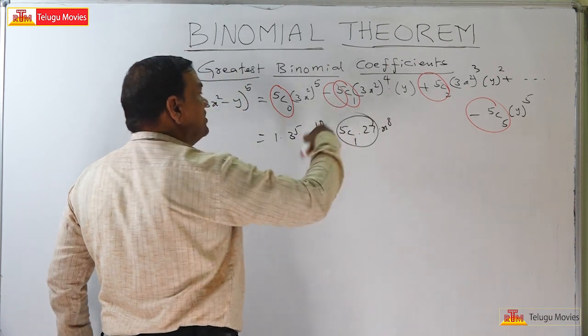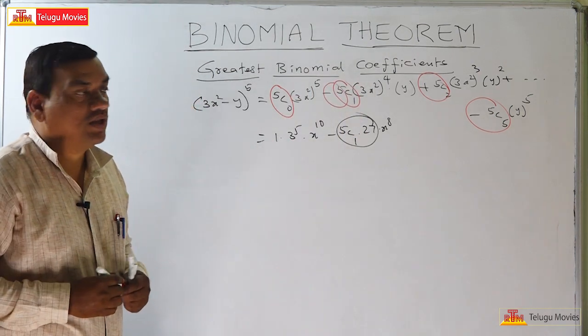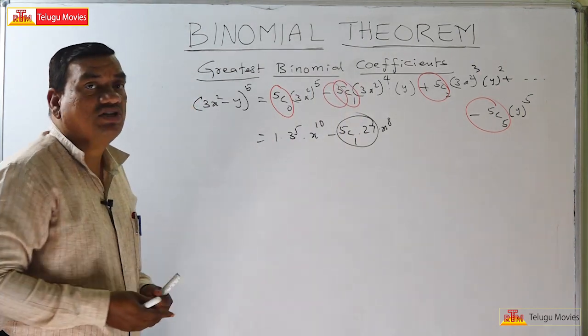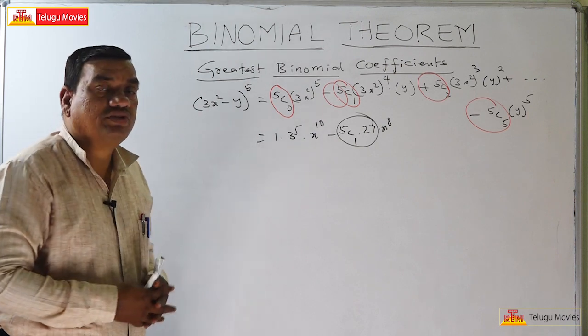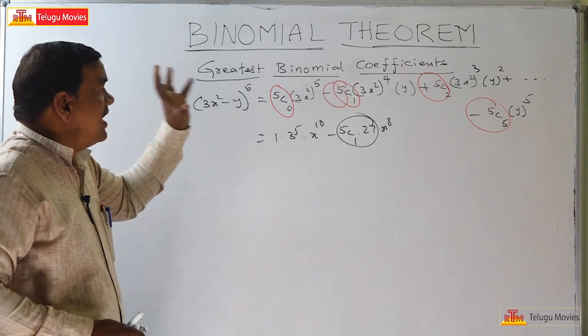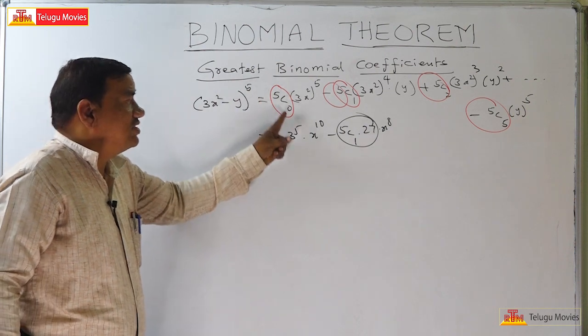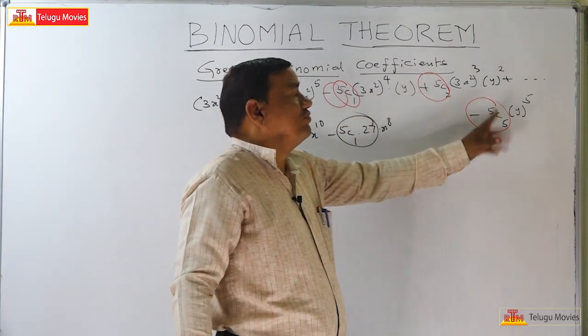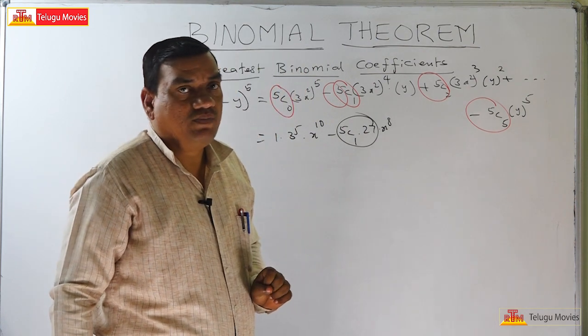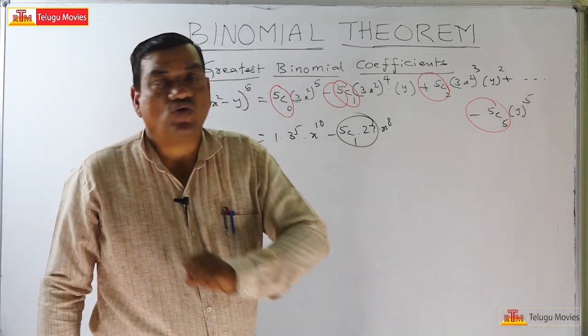If you multiply this out, that is the coefficient, simply the coefficient. 5C1 is 5, and 5 times 27 if you multiply, that is the coefficient. If you are asked to find the greatest binomial coefficient, then 5C0, 5C1, 5C2, 5C3 are the binomial coefficients.